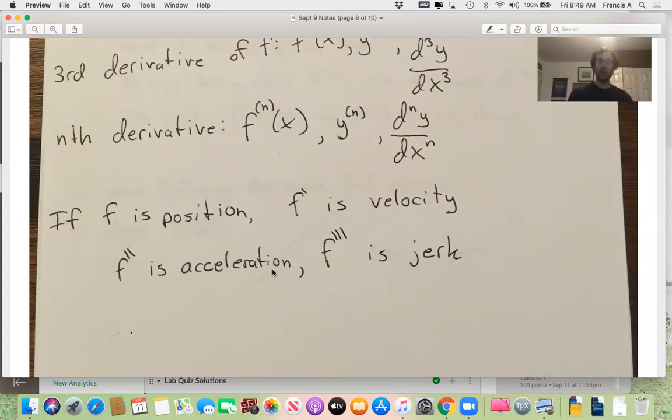Velocity is the speed at which you're moving. If the speed at which you're moving is going up, then you're accelerating. And so the second derivative is the rate of change of velocity, which is acceleration. Acceleration is a huge part of force, so the second derivative is all over the place in physics.